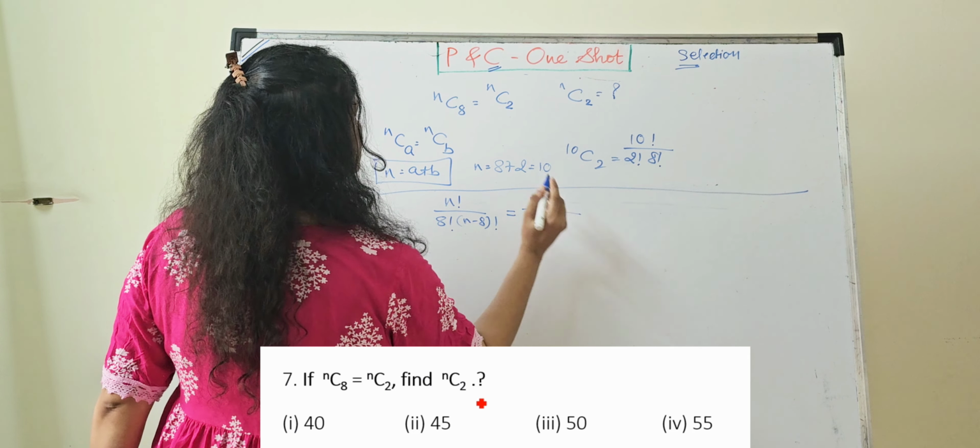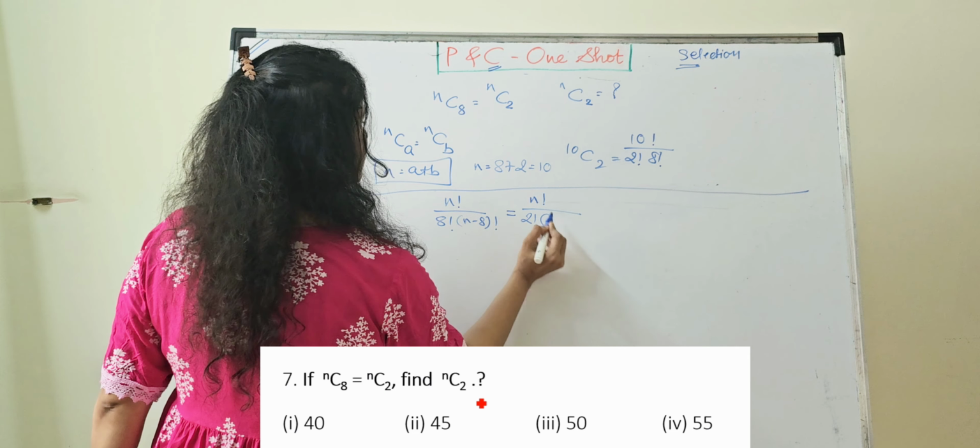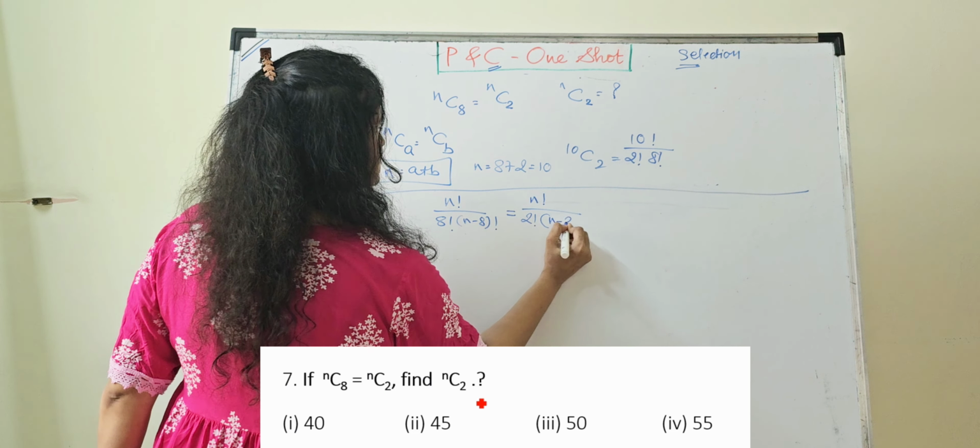Equals N factorial divided by 2 factorial into (n minus 2) factorial. Now we are not going to do much rocket science. You are just going to simplify this. So now see, n factorial goes, and you can straightaway write it as 8 factorial into (n minus 8) factorial equals 2 factorial into (n minus 2) factorial. Now you can remove these factorial signs also.